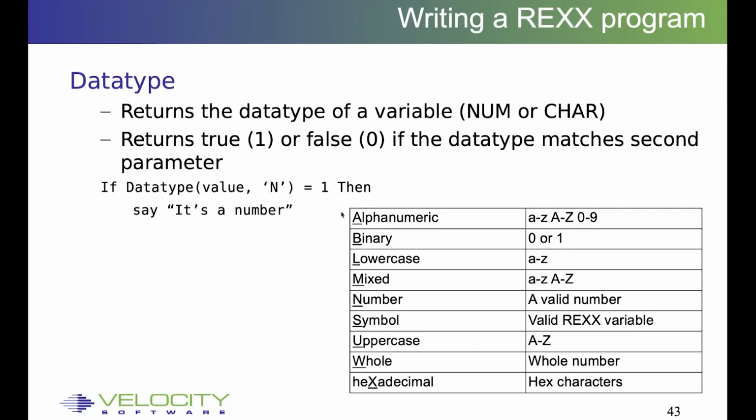So these are the different types of variables that you can look for with the data type function. Very helpful when you are trying to determine if the value is numeric for future use inside of a program, so that calculations don't fail because the data entered was incorrect for its usage.